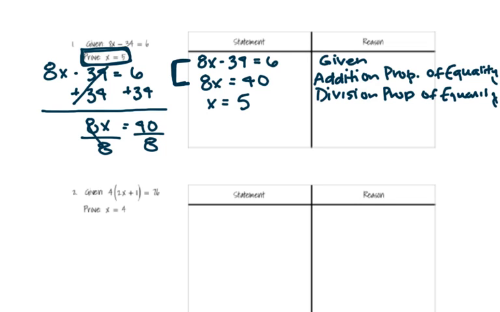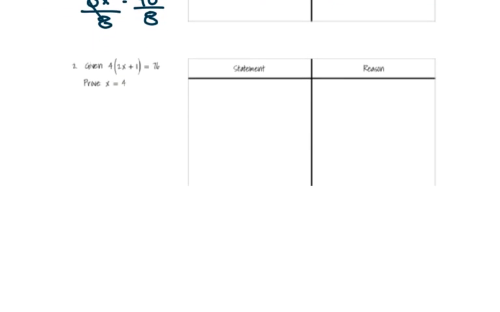Let's try another one just to see how we're doing. Okay, so you can pause this here and do it on your own and then come back to it. But we have given 4 times 2x plus 1 equals 76. And sometimes you may need to look up these properties to remember what they are.